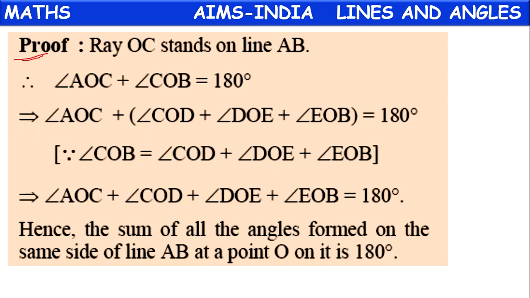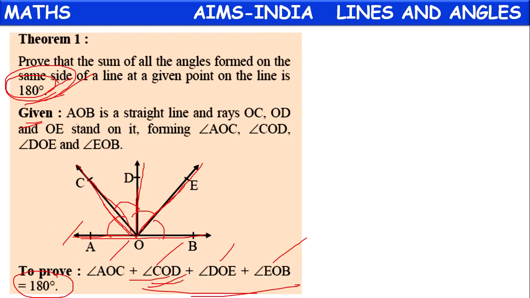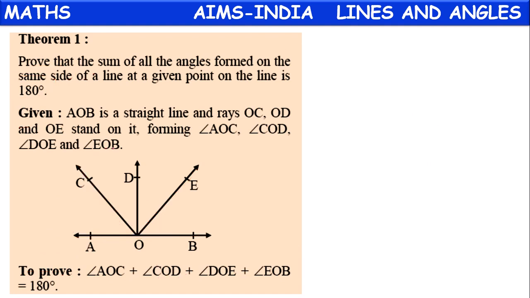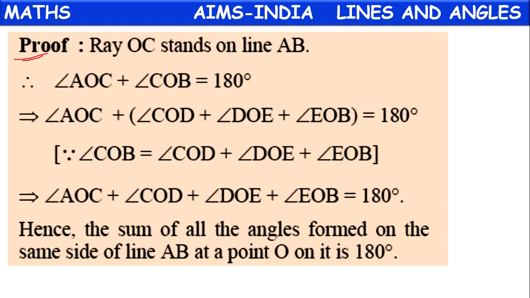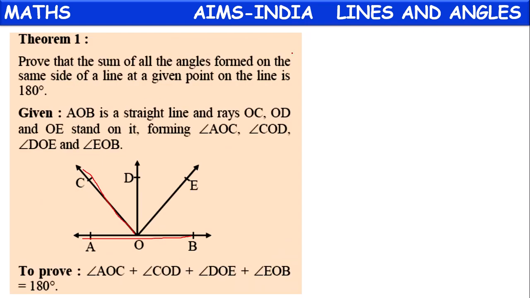Let's do the proof, children. Here ray OC stands on line AB. Suppose AB is a line and O is a point on it. Ray OC is standing on the line AB.